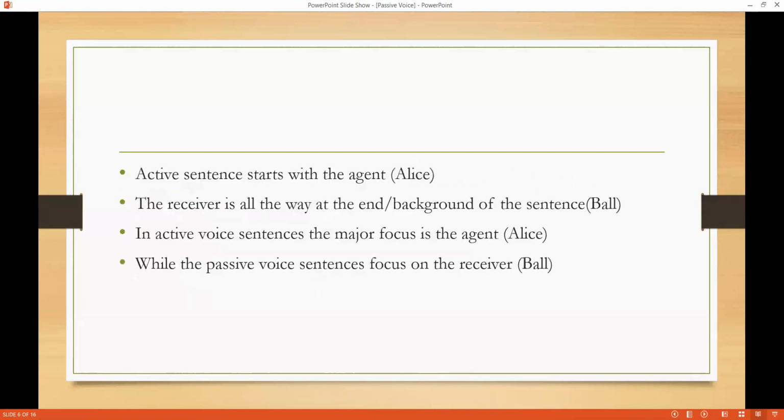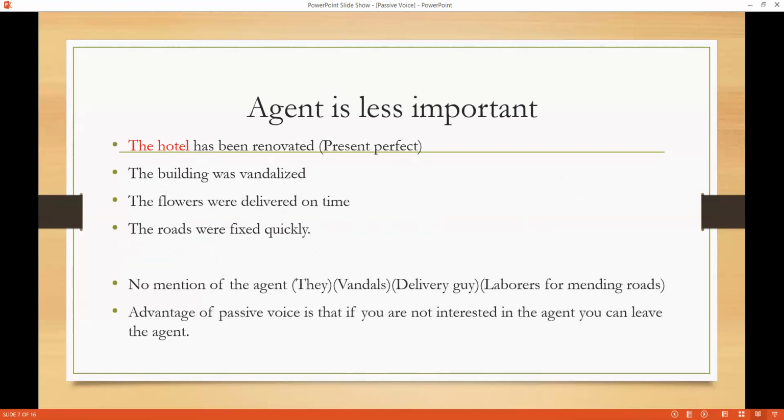Okay, so now we know that if we write or say a sentence in the passive voice, that is because we want to focus on the receiver and we don't want to focus on the agent. In what situation might we do that? Well, one situation is where the agent is less important.